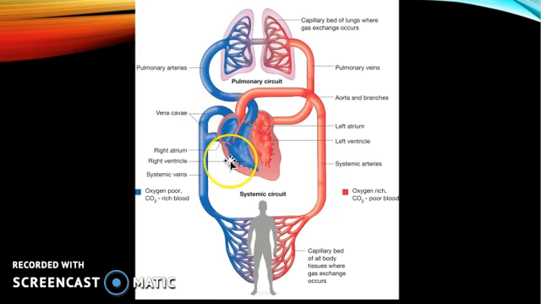And the process kind of starts all over. So then it goes from the right atrium to the right ventricle, and then from the right ventricle into the lungs here, and then back from the lungs into the left atrium, and then into the left ventricle, and then to the body once again through the arteries.